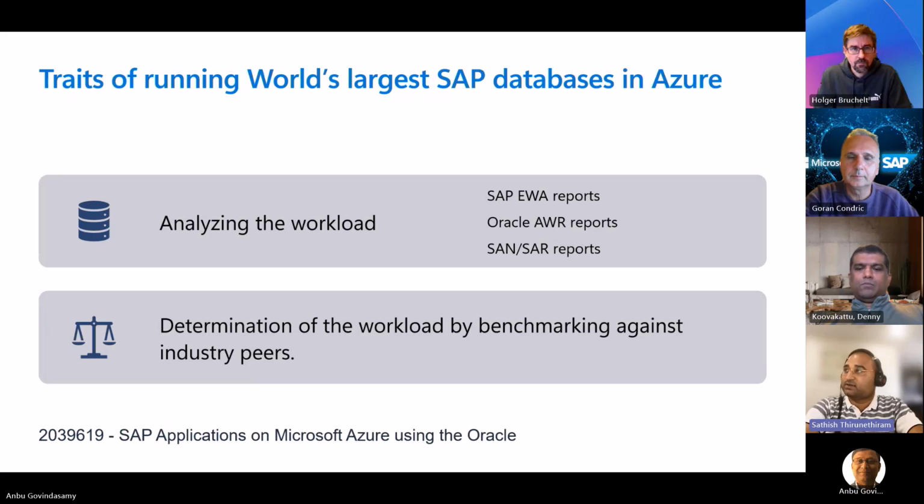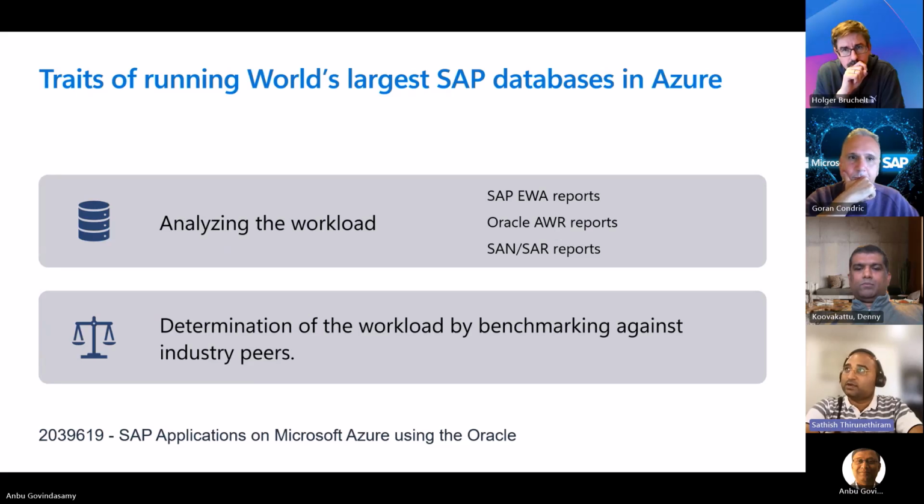Oracle customers in general, more than the SAPS, we need to look at the AWR report and then the EWA report, which tells you how many dialog steps they run, and then how many batch steps they run. So those are the metrics the customer cares about. So the SAPS is there when you do a real-time implementation.